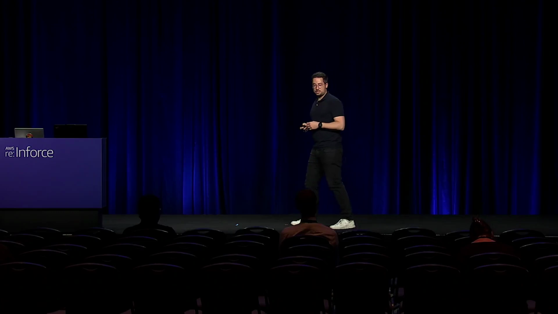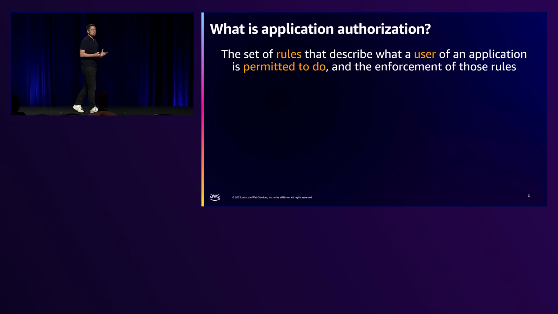So let's get started. First, we will talk a lot about authorization. So let's have a look at authorization. What is it all about and why is it important? So authorization is about the set of rules that describe what a user that interacts with your application is permitted to do, and also enforcing those rules.